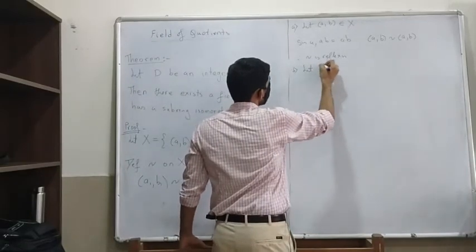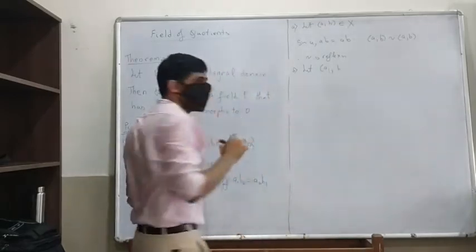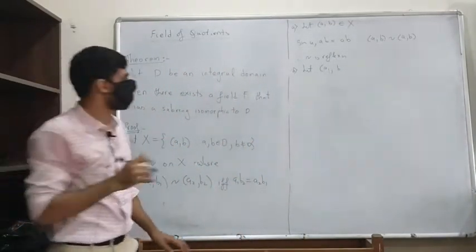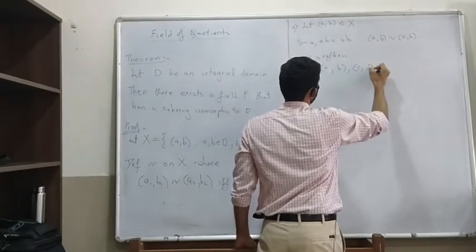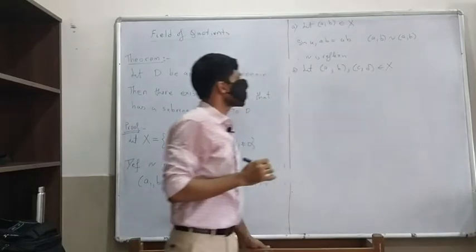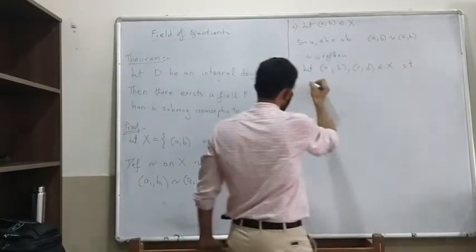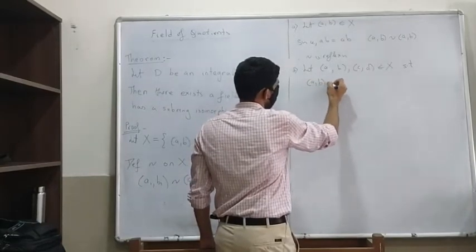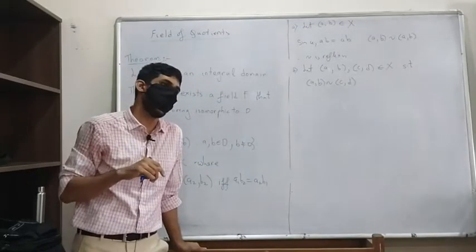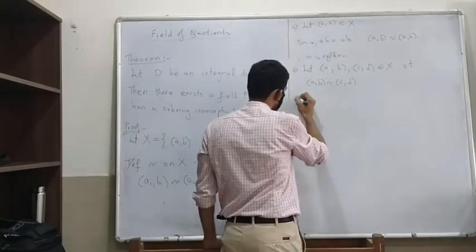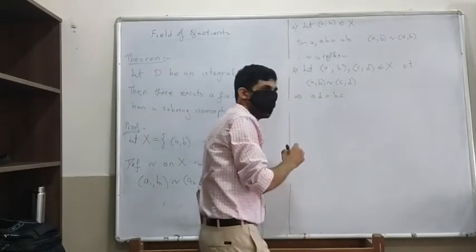Next, you take some (a, b) and (c, d) in X such that (a, b) is related to (c, d). I now need to show that (c, d) is related to (a, b). Let's see what this means. It means that ad is equal to bc, right?